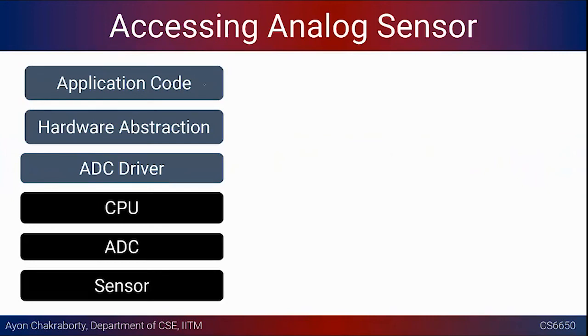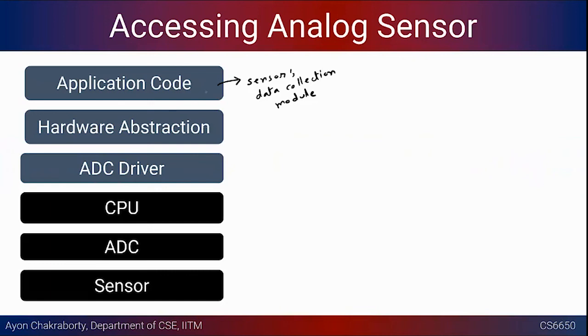On top you have this application code, which I can call the sensors driver or sensors data collection module. That is what you normally develop, and sometimes you even get libraries for them.